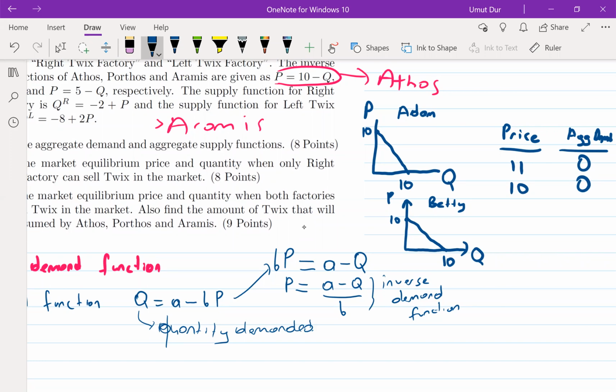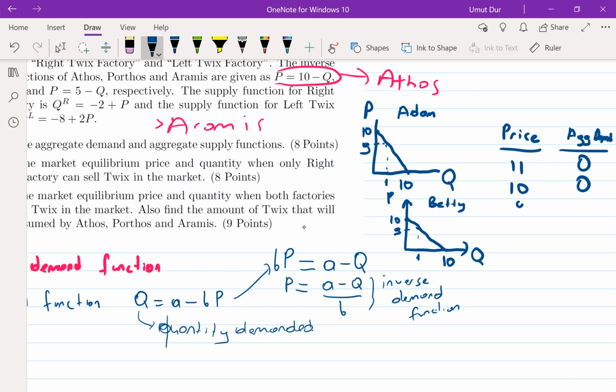Suppose that if you do the math here correctly, if you look at 9, each of them will demand 1 unit, right? Can everyone see that? Yes, good. So if this is 9, then they will both demand 1.